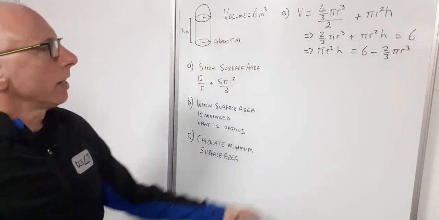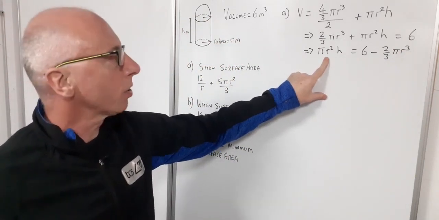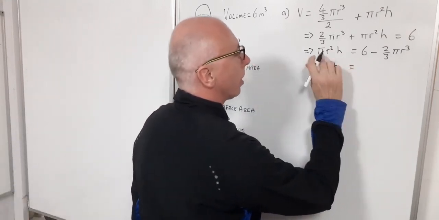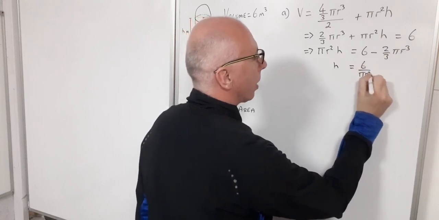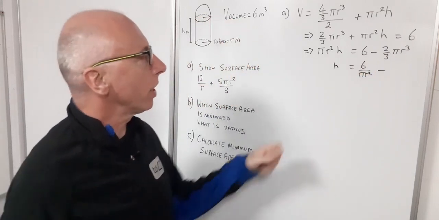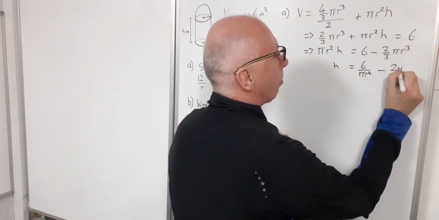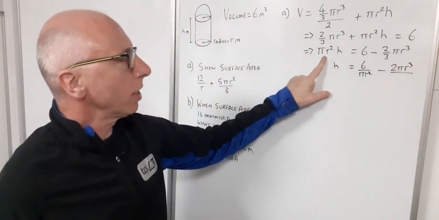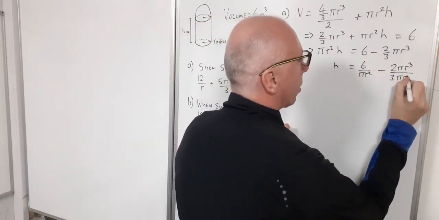Now to get the h on its own, divide everybody by pi r squared. So divide this side, I'll be left with h. Divide this by pi r squared, I'll have 6 over pi r squared. And then I've got 2 pi r cubed over 3 divided by pi r squared. So now I've got 2 pi r cubed divided by 3 pi r squared, because the 3 is here. So 3 pi r squared.